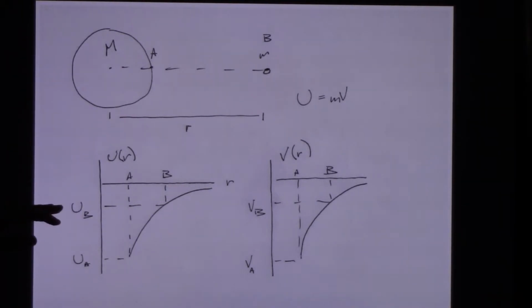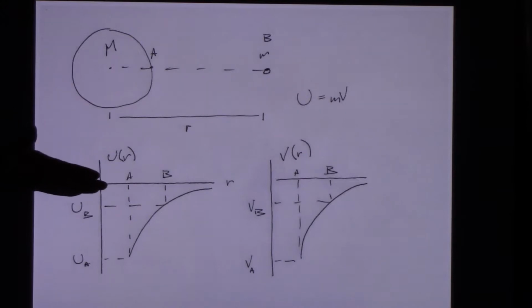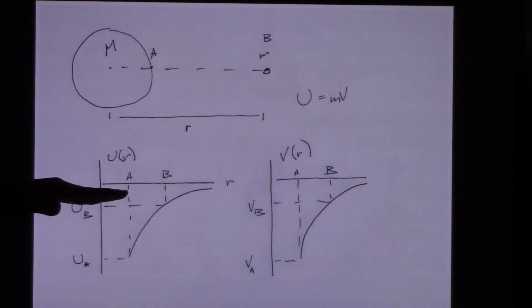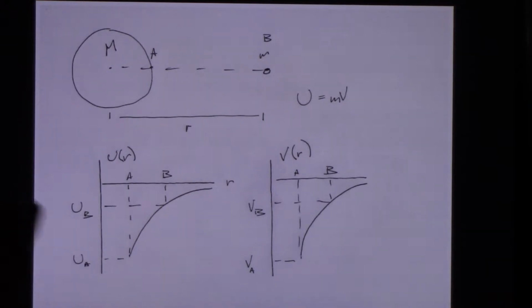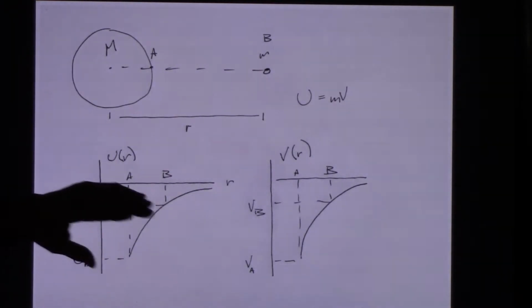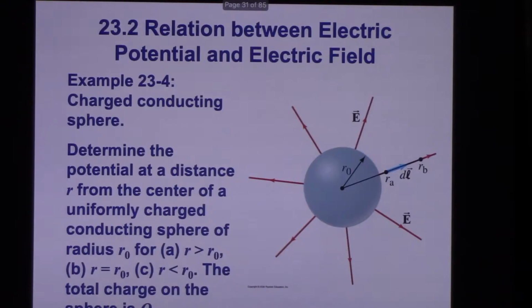And what it says is the potential energy at B is higher than the potential energy at A. They're both negative quantities, but potential at B is higher, and I need enough work in my rocket ship to lift it out to this less negative potential energy. And again, the two graphs are just side by side. They just look exactly like each other because the difference between the two graphs is just determined by putting in the mass of the spacecraft that we've launched.